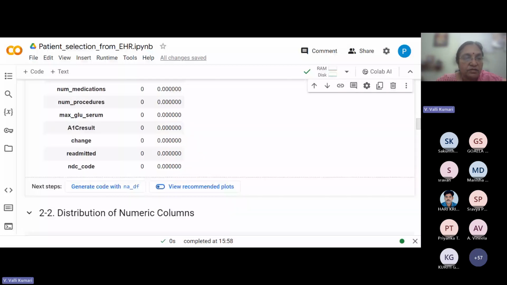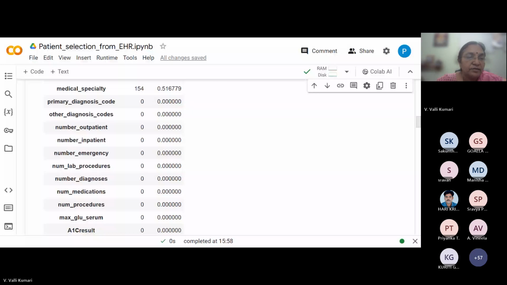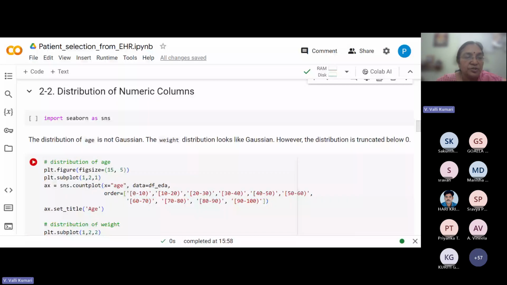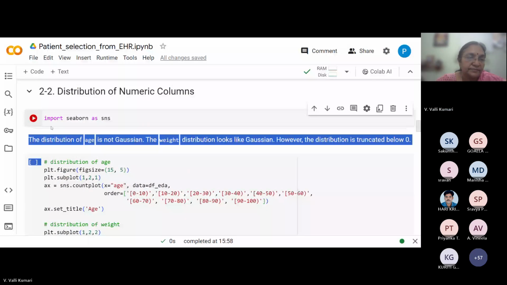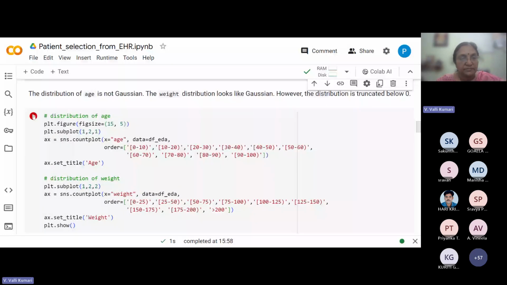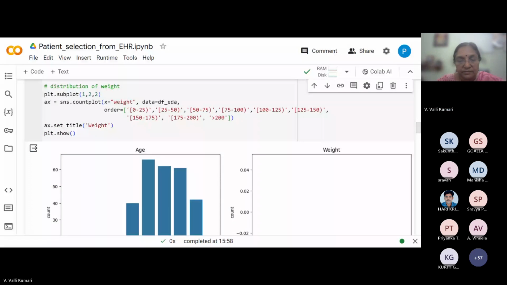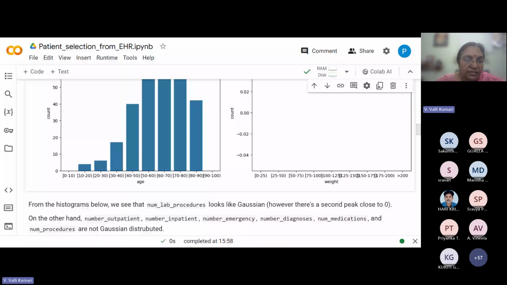So these are all the different column names. And so we'll just plot the distributions. So age, you can look at this.